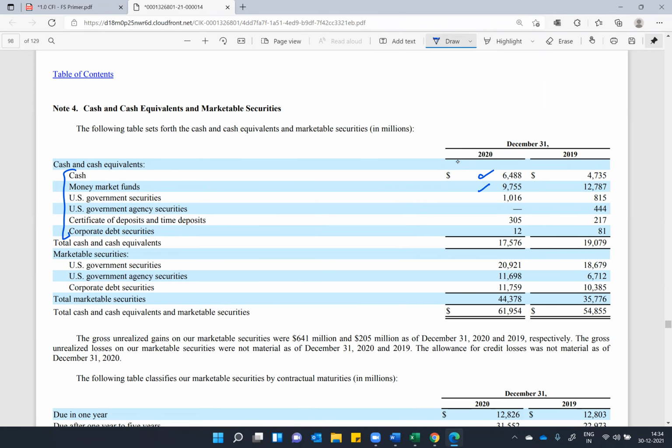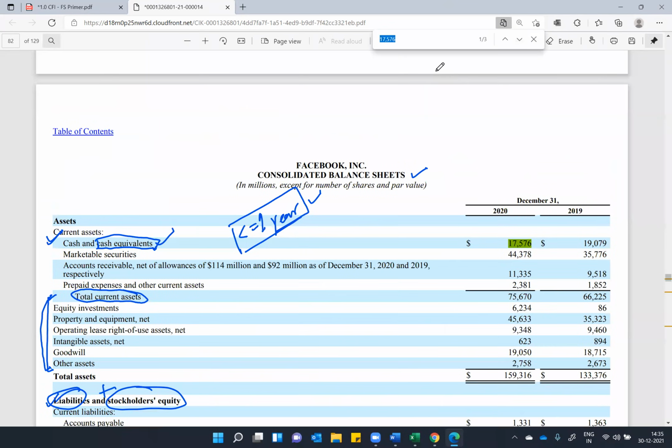Then you have some money market fund, US government securities, certificate of deposits, and short-term debt securities, which can easily be converted into cash in a very short period of time. They may have a maturity of less than 3 months, but the liquidity is such that you can break it in a very short period of time. So that is your cash and cash equivalents.